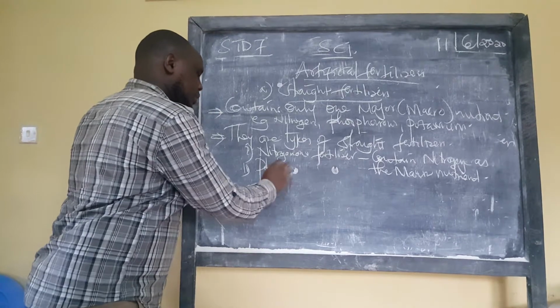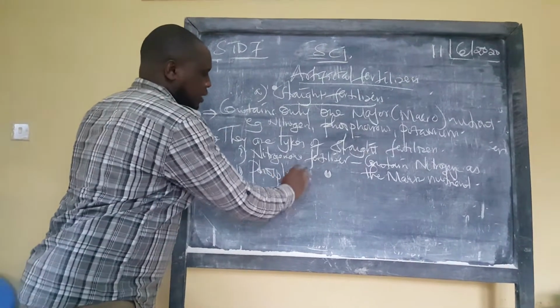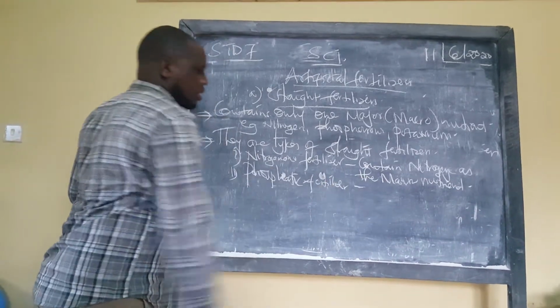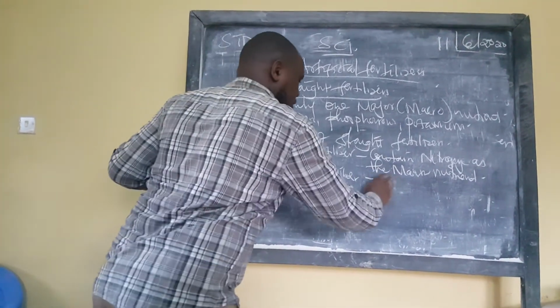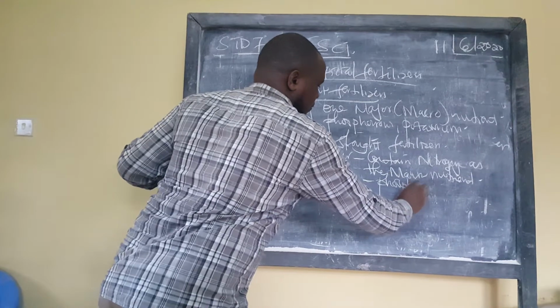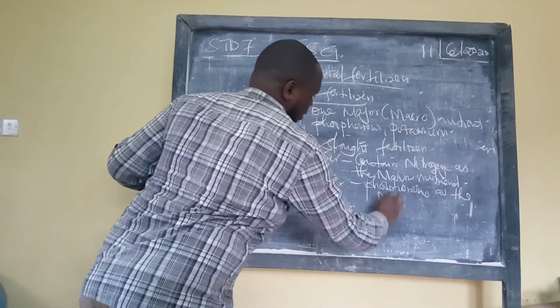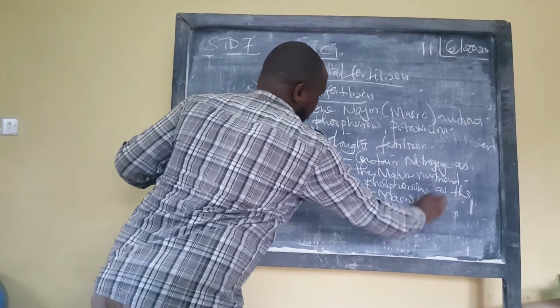Then from there, we have what we call phosphatic fertilizer. I told you that it is divided into three. This one contains phosphorus as the macronutrient.